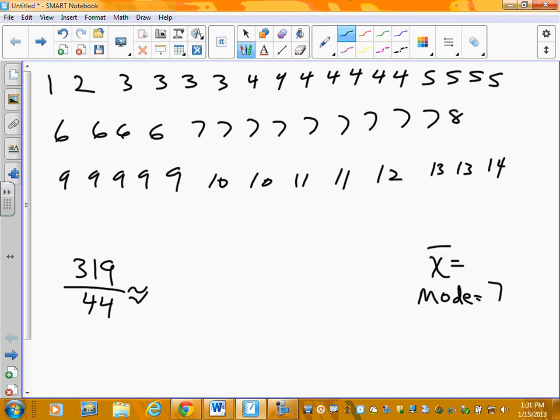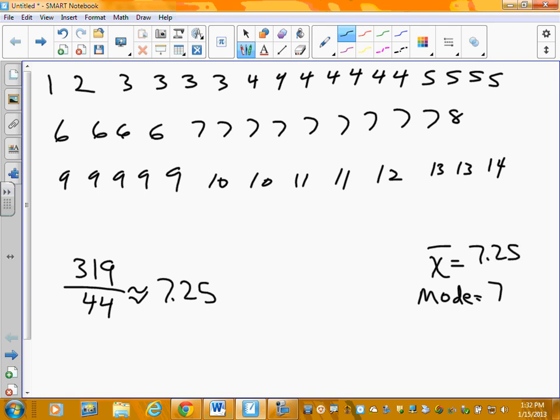Let's take a calculator. Somebody, do 319 divided by 44. 7.25. So 7.25 is the mean.